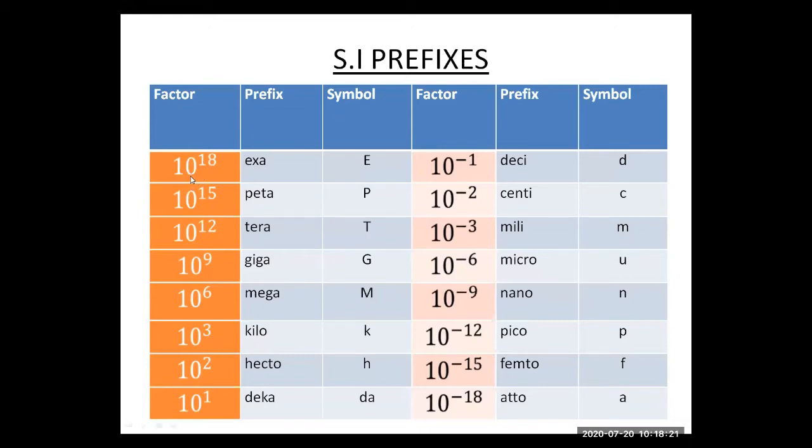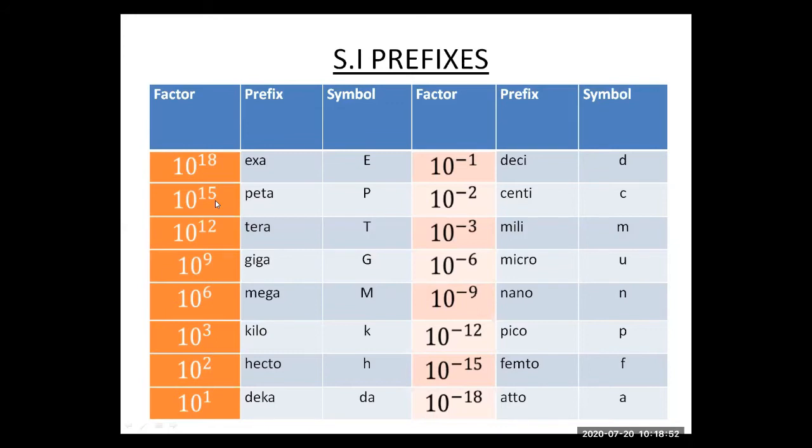First, if the power of 10 is 18, it is called exa and its symbol is E. The opposite of exa is atto, represented by a, and its power is 10 raised to the power minus 18. As well as peta, represented by capital P, with power 10 raised to the power 15.